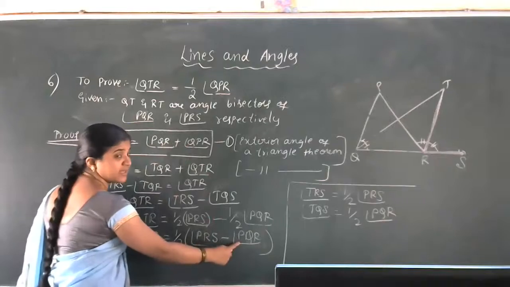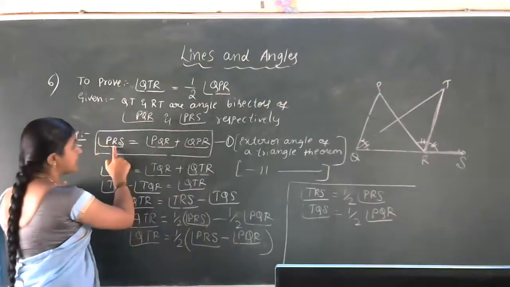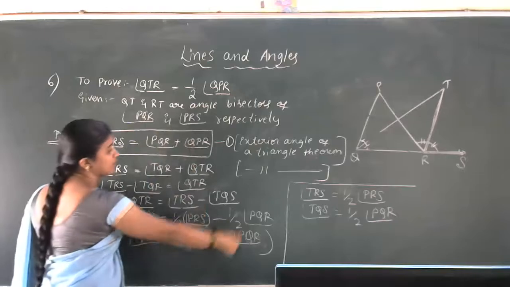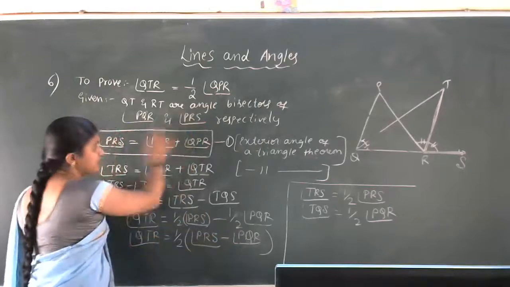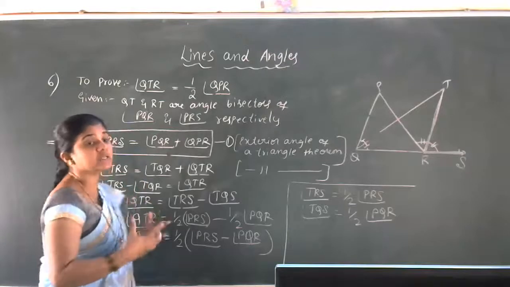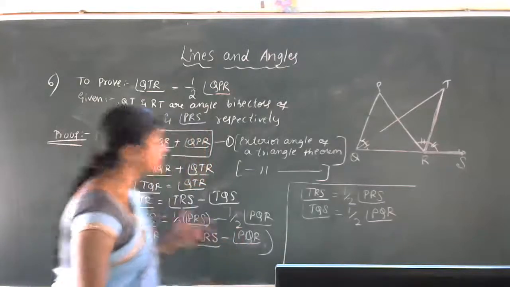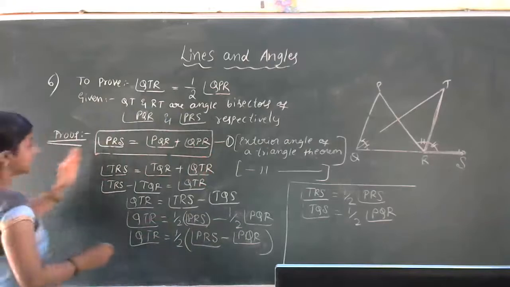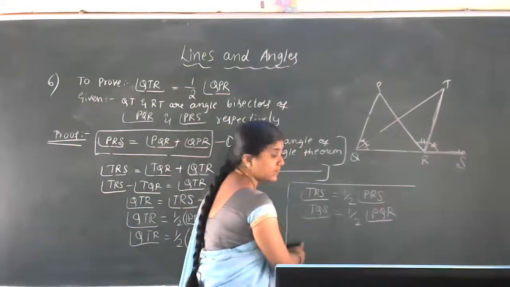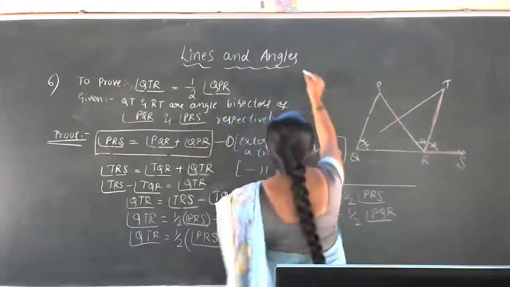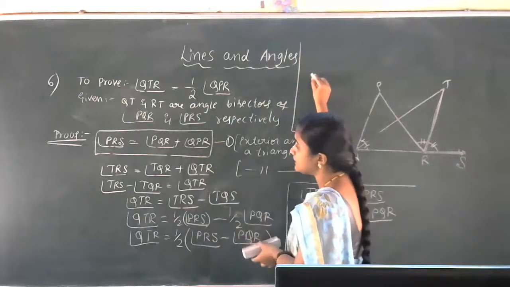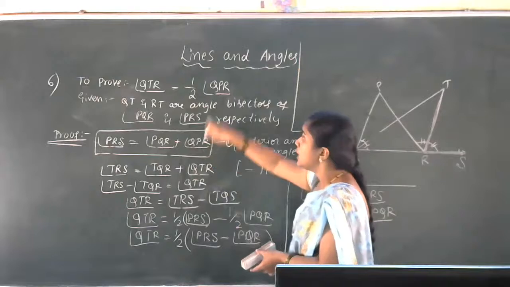Now here you just observe PRS minus PQR. Are you observing PRS, PQR, QPR? These three terms are here only in the same box. So what do we have to do with the first equation? I'll write here only. So PRS minus PQR is equal to QPR.